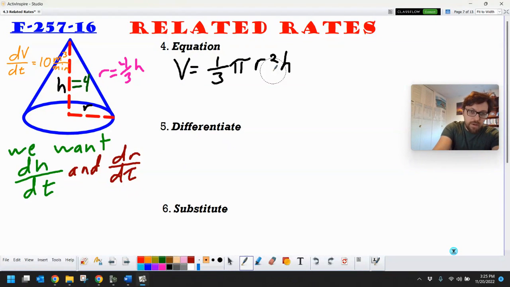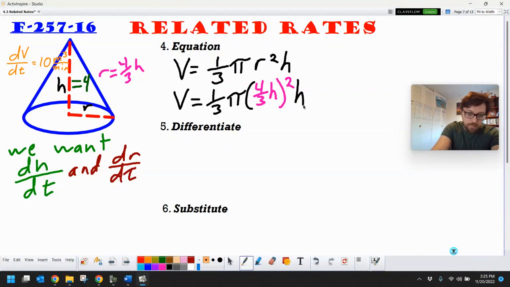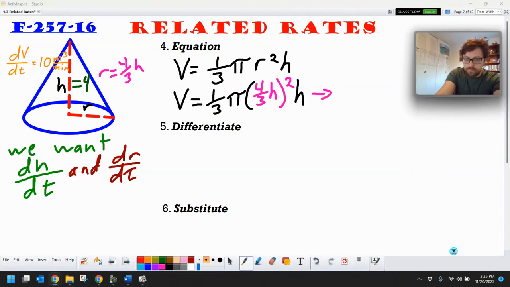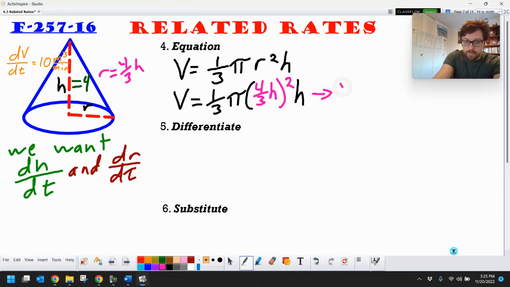So I'm going to rewrite this. Instead of an R, let's put in that 4/3 H squared, just to clean up my problem a little bit. So now we have, I don't know if I'm going to be more in the way or less in the way there.